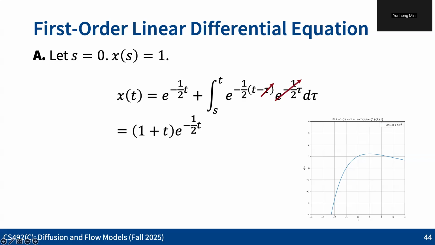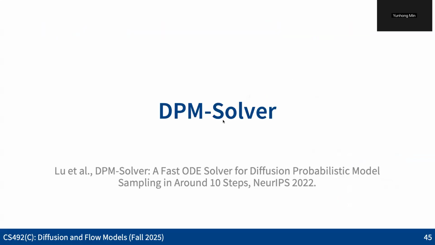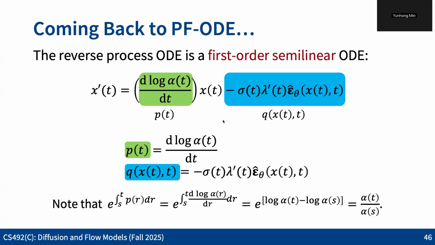You can consider using those techniques to reduce the number of steps. But those techniques do not use any information or characteristics of the specific ODE formulation. What we are aiming for here is to consider the characteristics of the PF-ODE formulation that we are seeing, which has this semi-linear structure.